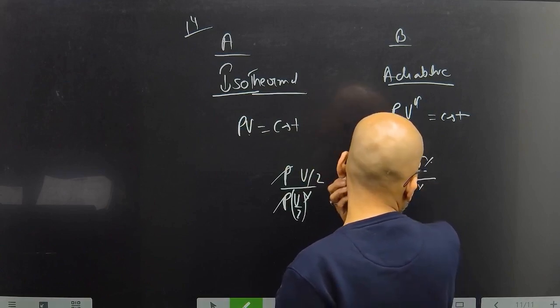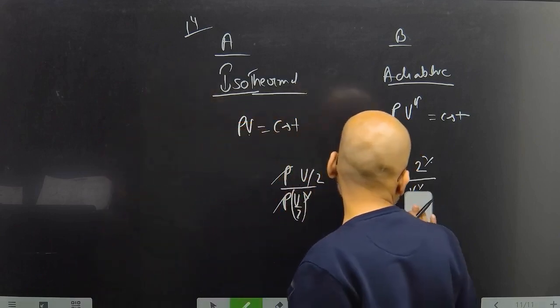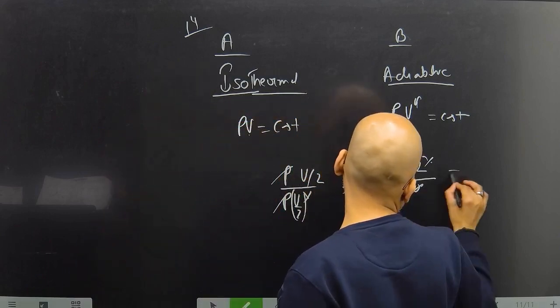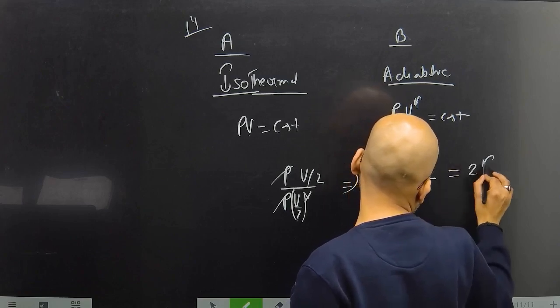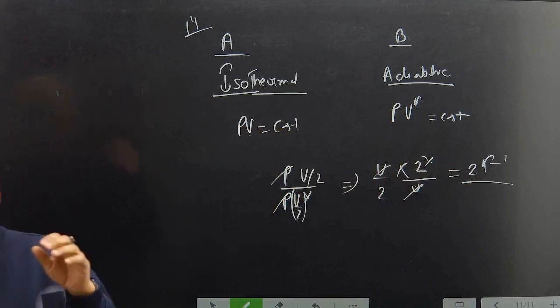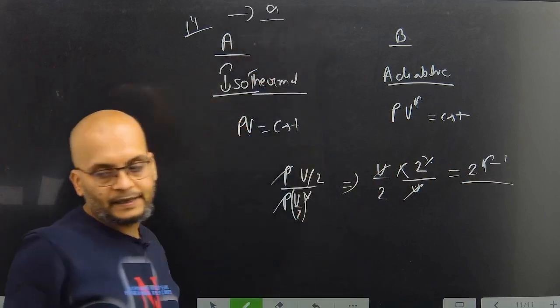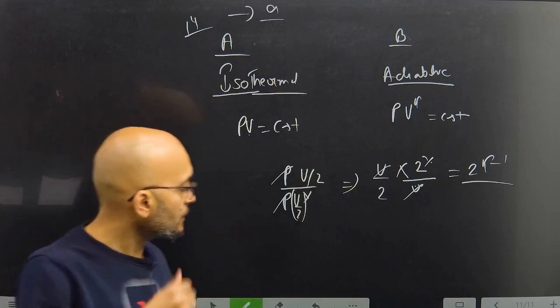So 2 to the power gamma means 2 to the power gamma minus 1, and this volume is gone. So the answer will be 2 to the power gamma minus 1. Option A is correct. Clear? Very easy question.